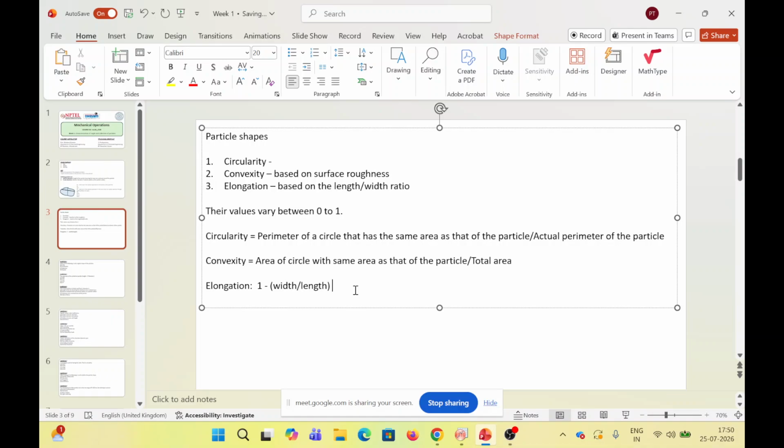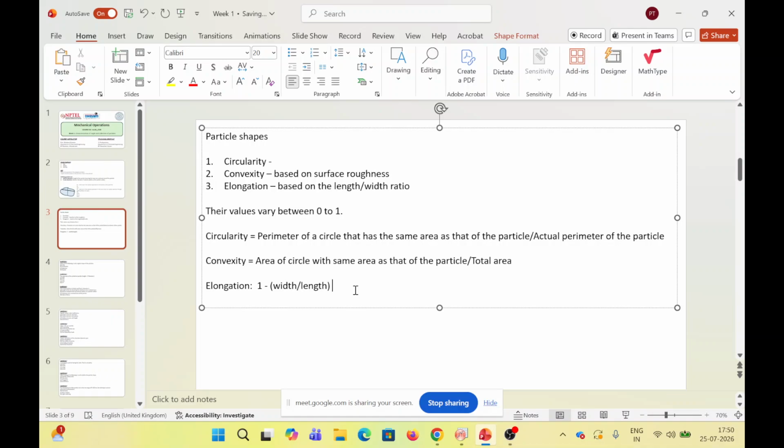Is it 0? Yes, that's correct. Because in case of a circle, the width and the length are going to be the same, since both values are the diameter of the circle.